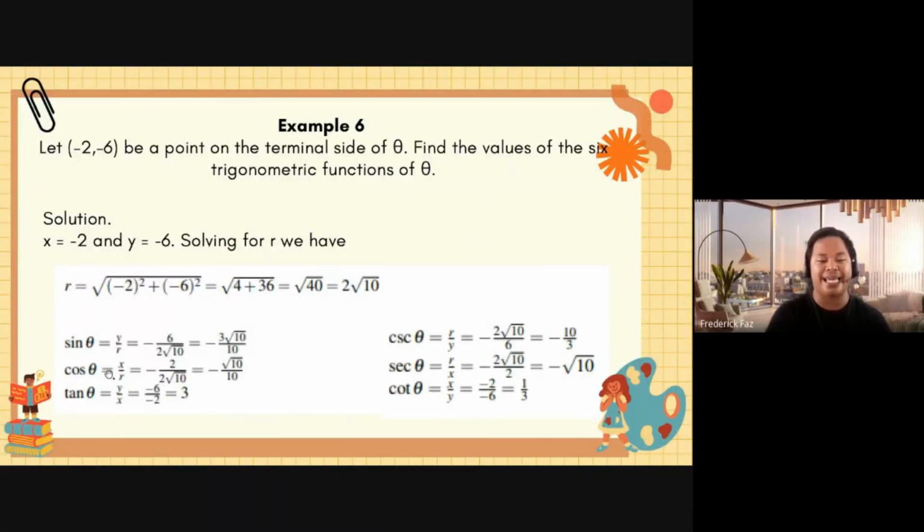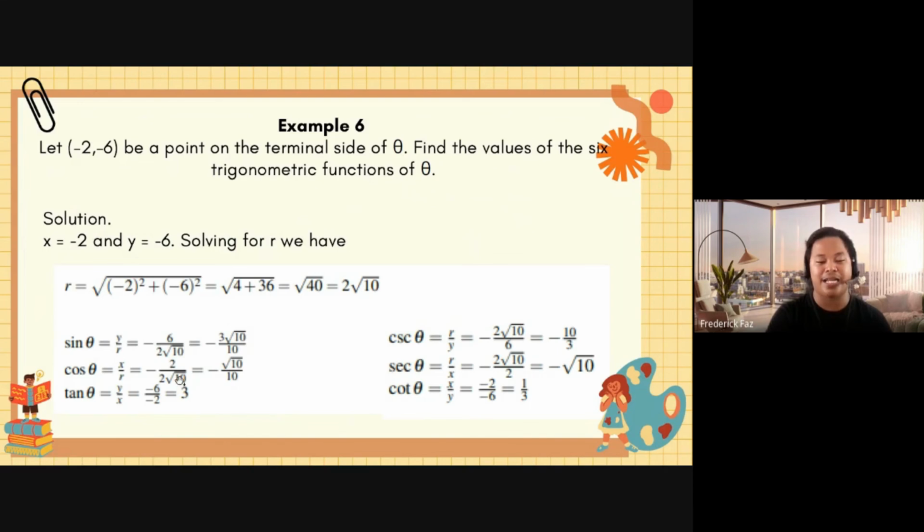For cosine theta, x over r, so x is negative 2 and r is 2 square root of 10. So the 2 over 2 cancels out. The quotient is 1, so negative 1 over square root of 10. Then we multiply by square root of 10, both numerator and denominator. Negative 1 times square root of 10 is negative square root of 10.